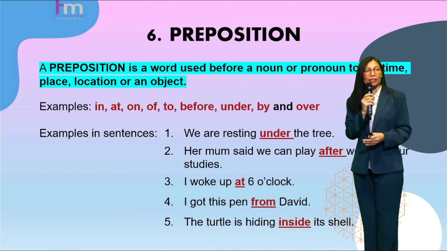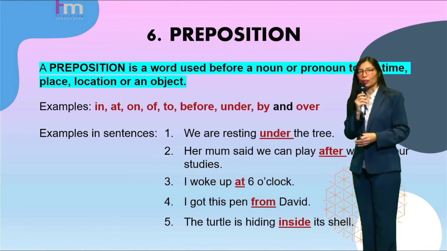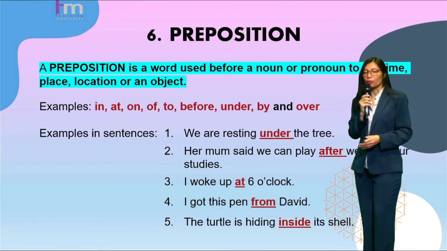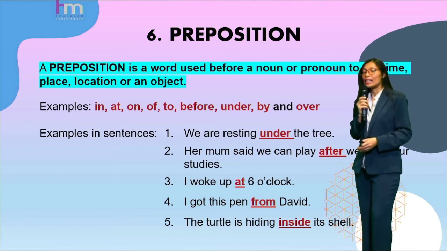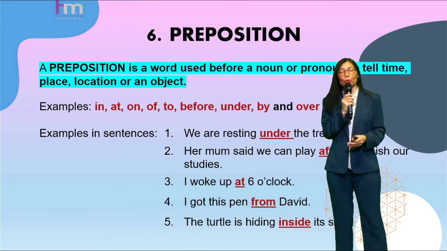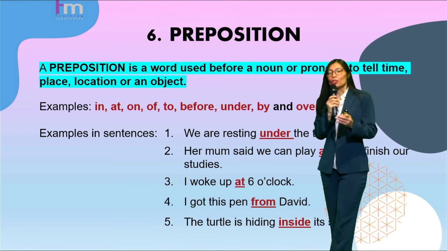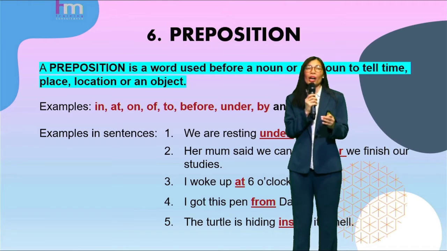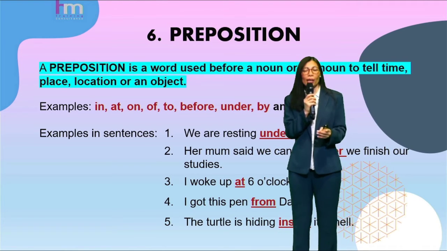So at is a preposition. I got this pen from David. From is a preposition. The turtle is hiding inside its shell. So inside is a preposition. Those are the words you use before your noun.